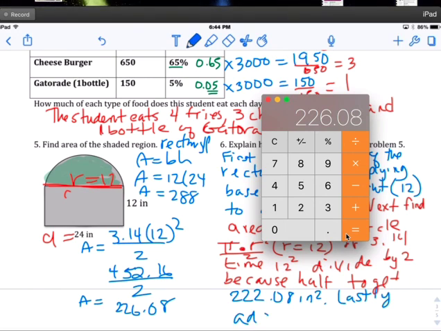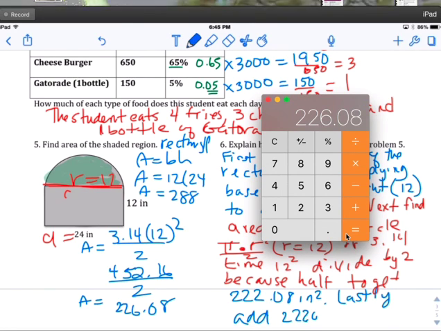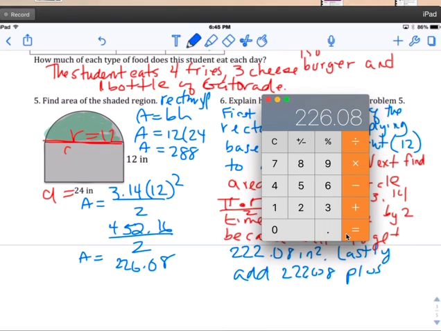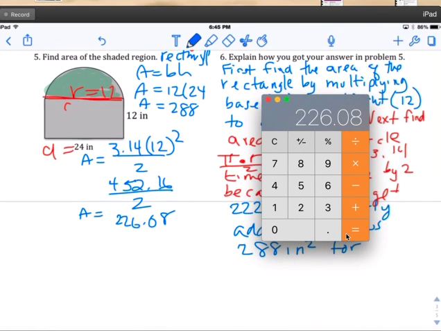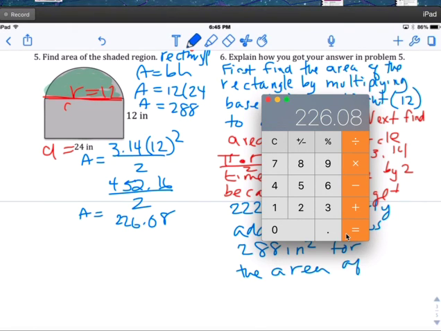Lastly, add 226.08 plus 288 inches squared for the area of the shaded region.